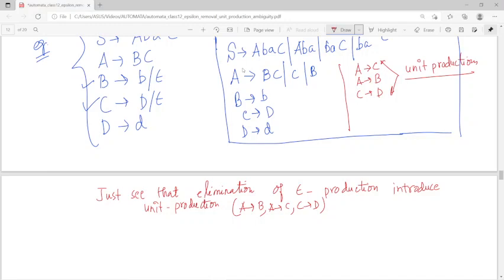But unit production is also useless. Why is it useless?